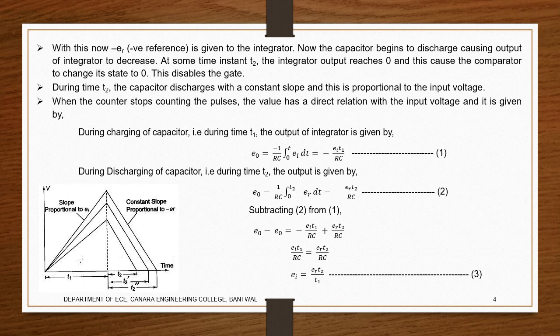Ei and ER are the input voltage and the negative reference voltage, and T1 and T2 are the time intervals with respect to the input and the reference voltages. So RC gets cancelled, and Ei equals ER into T2 divided by T1.